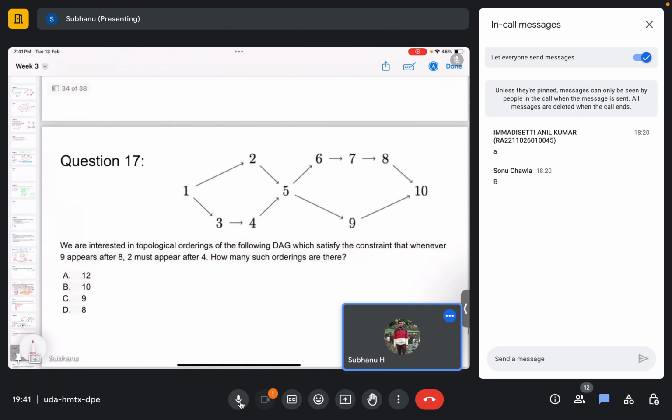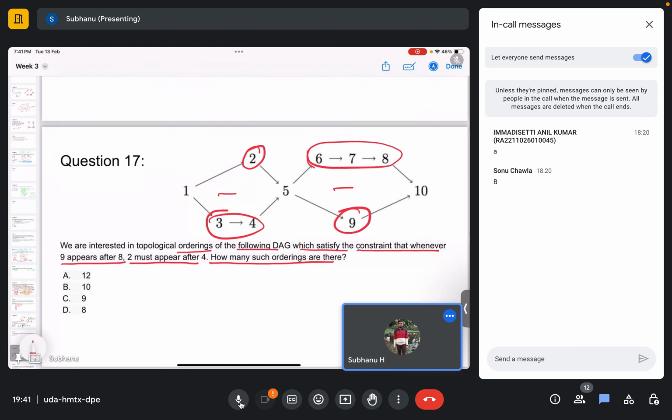So now the question is this one. We are interested in topological orderings of the following DAG which satisfy the constraint that whenever 9 appears after 8, 2 must appear after 4. How many such orderings are there? So we can see that there are two blocks in parallel here. In topological ordering you can go 2 3 4, or you can go 6 7 8 9. These blocks can be reordered.